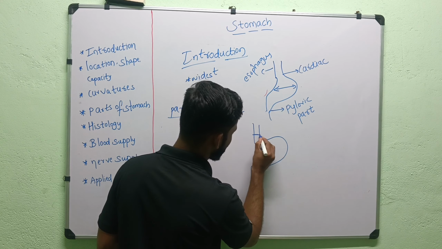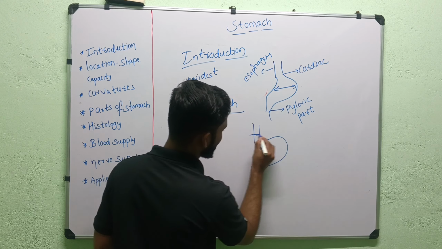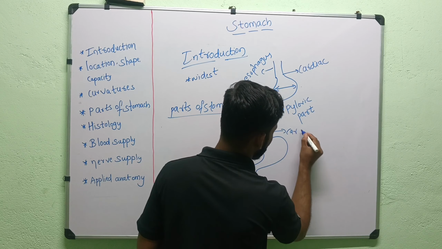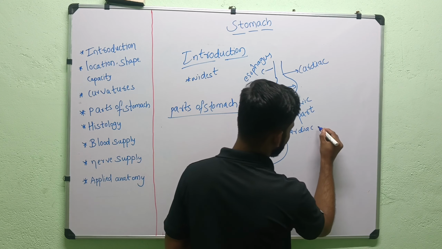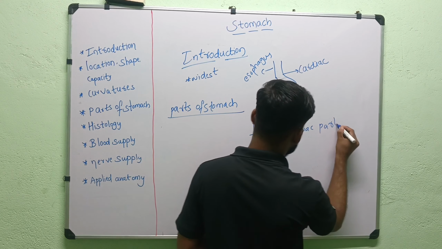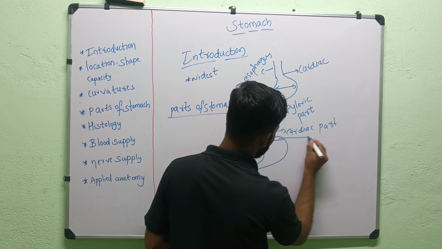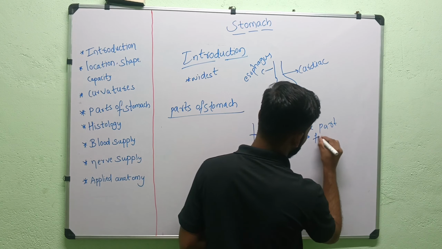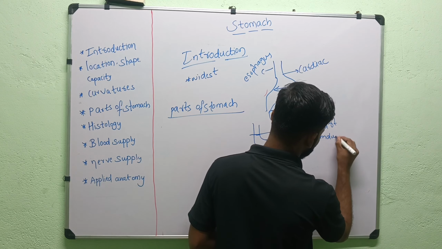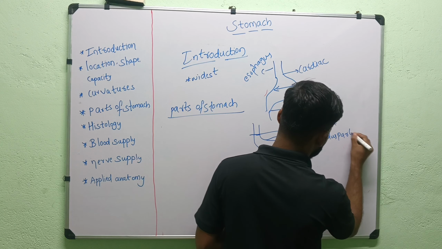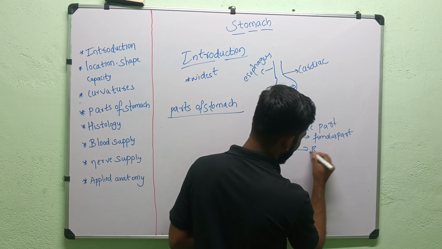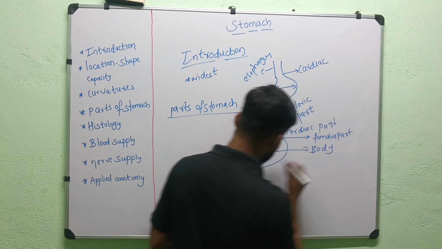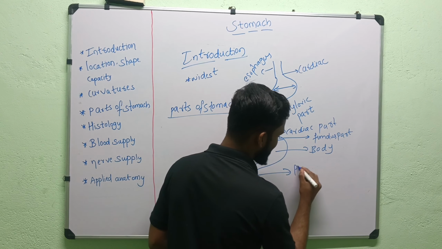This first part is known as the cardiac part. The second part is known as the fundus part. The third part is the body of your stomach. And the fourth part is known as the pyloric part.